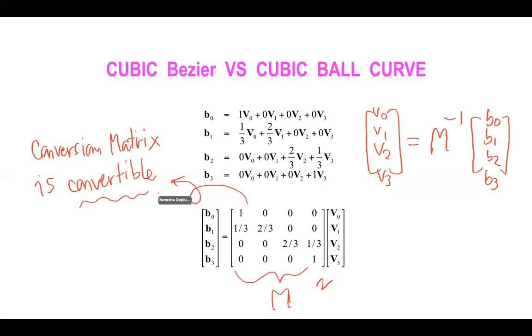It has to be invertible, because otherwise we cannot find M inverse. How can I find the inverse of the conversion matrix from cubic ball curve to cubic Bezier control points?